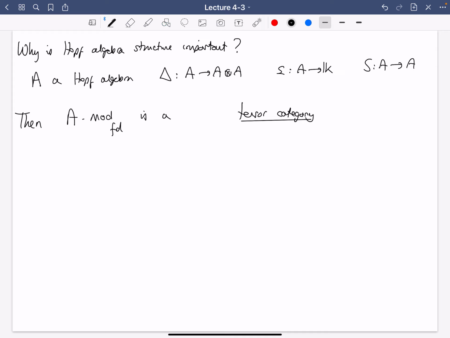So what does tensor category mean? It means it's abelian. There's a tensor product operation.